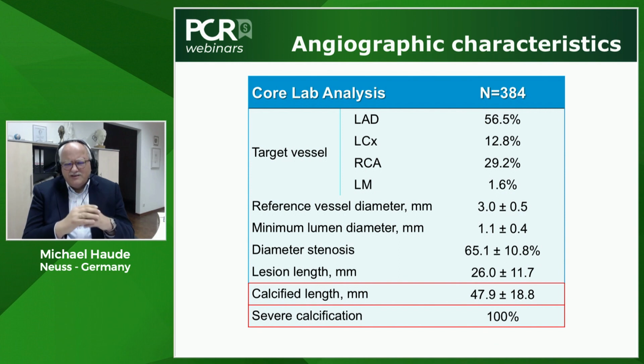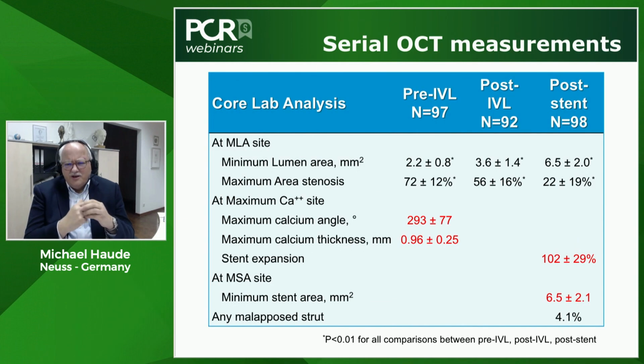And next, please, if we go to the intracoronary imaging, we saw that the amount of calcium and the distribution of calcium in the circumferential arc of the vessel was almost covering 300 degrees. So that was more or less three-quarters of the arc that was covered by a large burden of calcium, which had an average thickness of almost 1 millimeter.